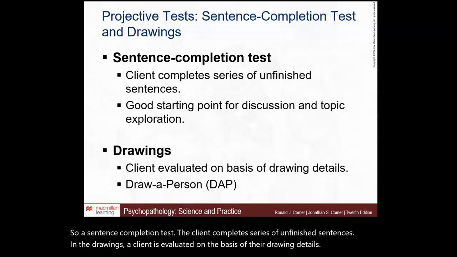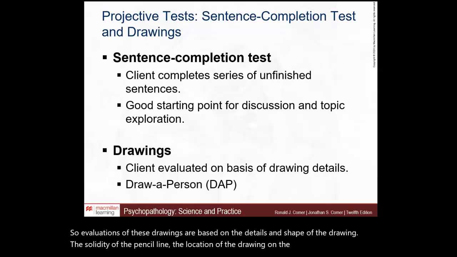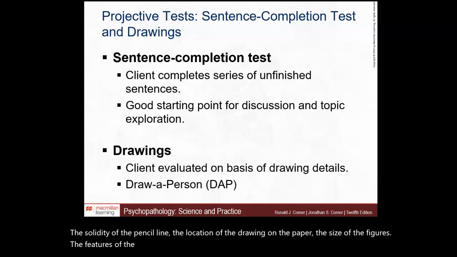So evaluations of these drawings are based on the details and shape of the drawing, the solidity of the pencil line, the location of the drawing on the paper, the size of the figures, the features of the figures, and the use of background, and the commitments made by the respondent during the drawing task.